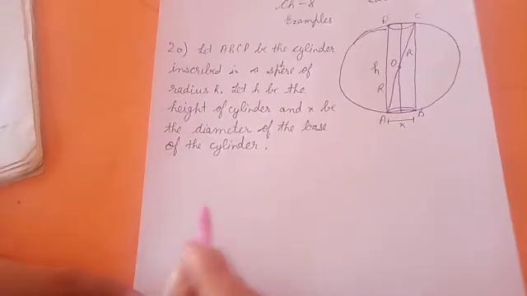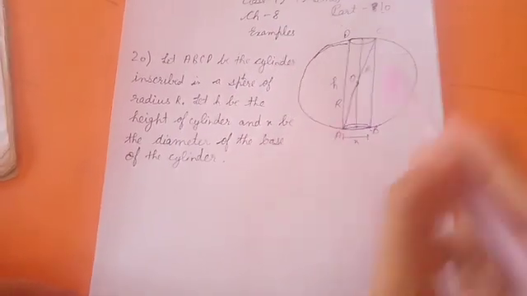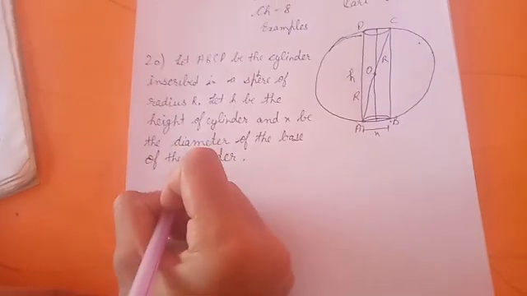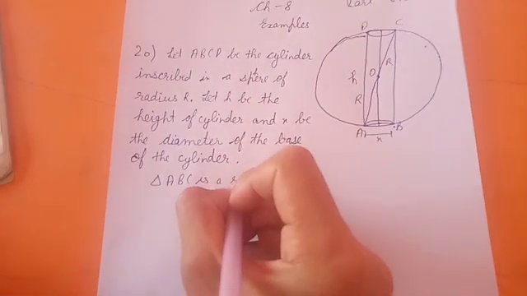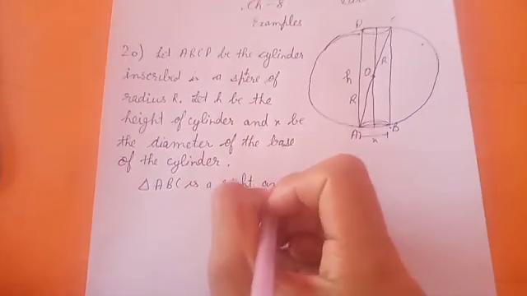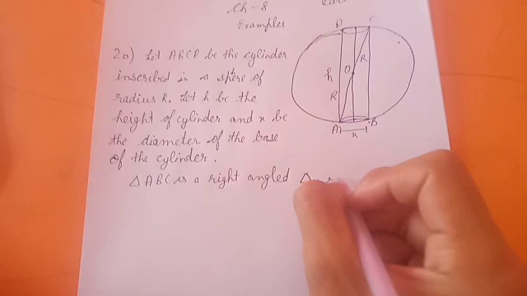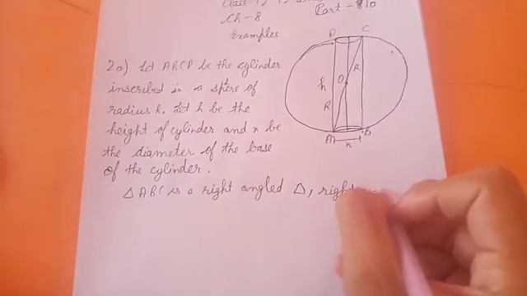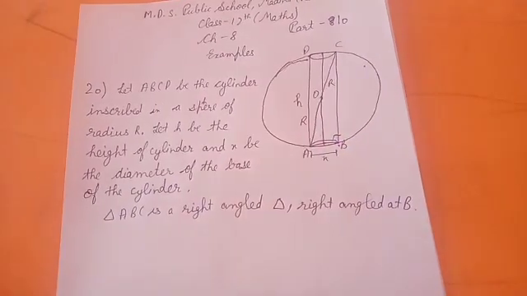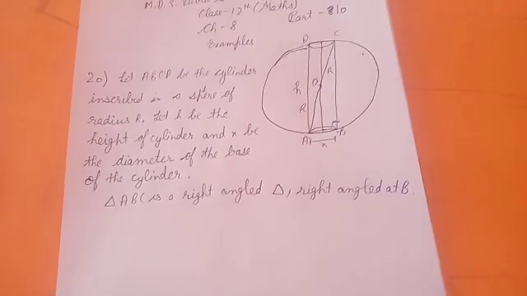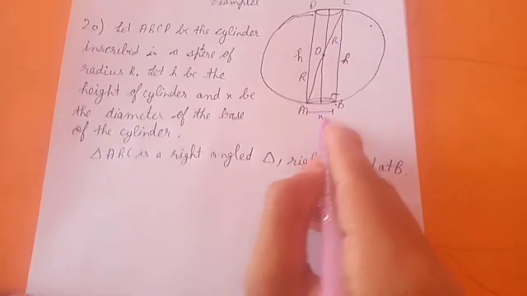So first look, triangle ABC is a right angled triangle, right angled at B. Right angle at B means it forms a 90-degree angle at B. So this is h, and this is our x.